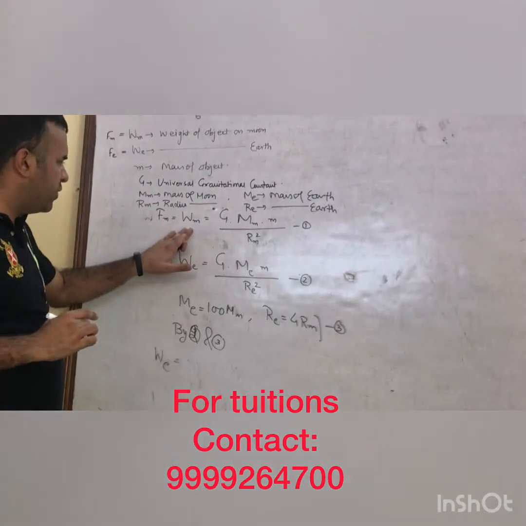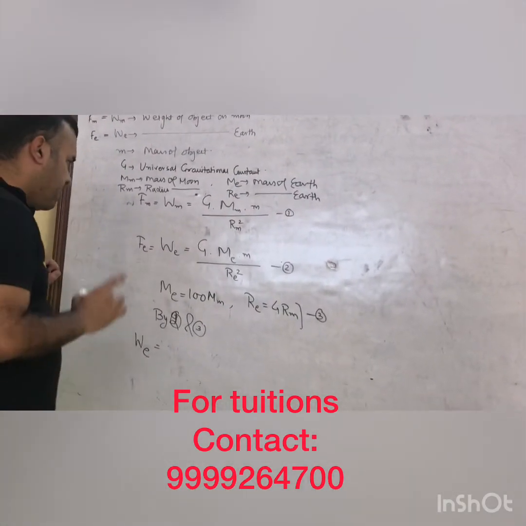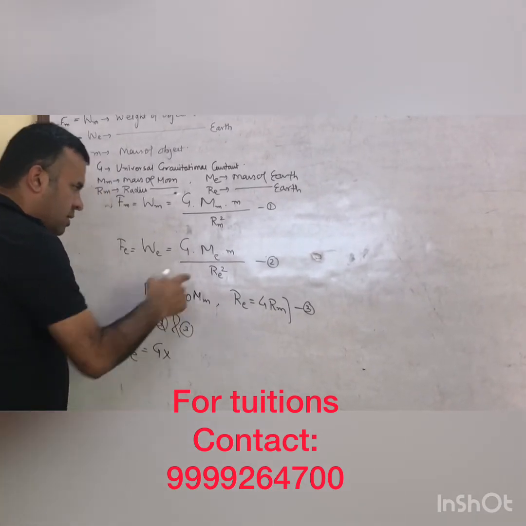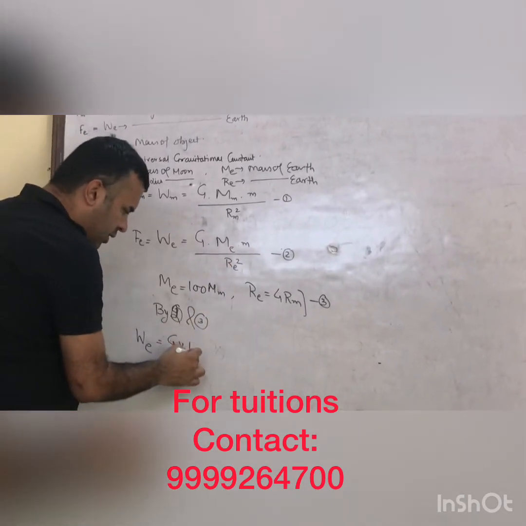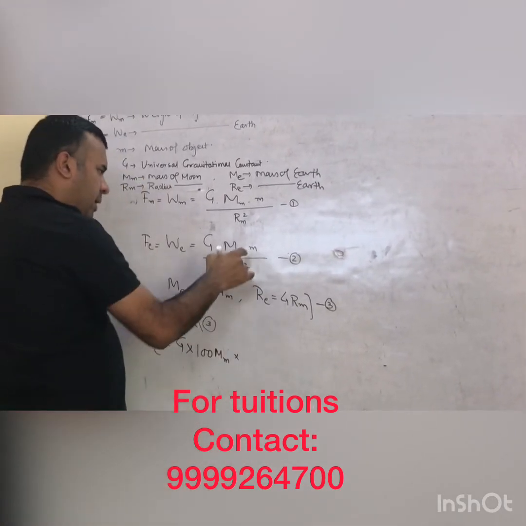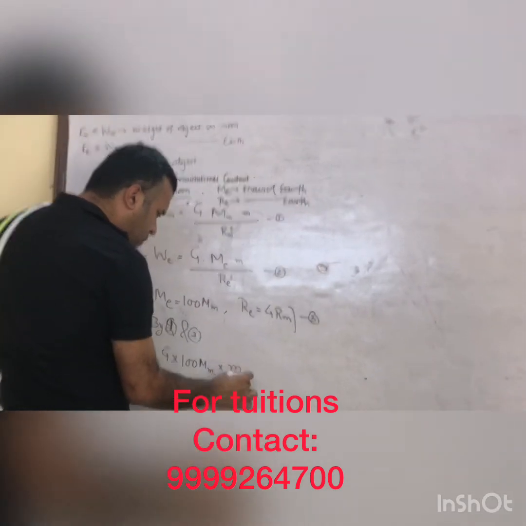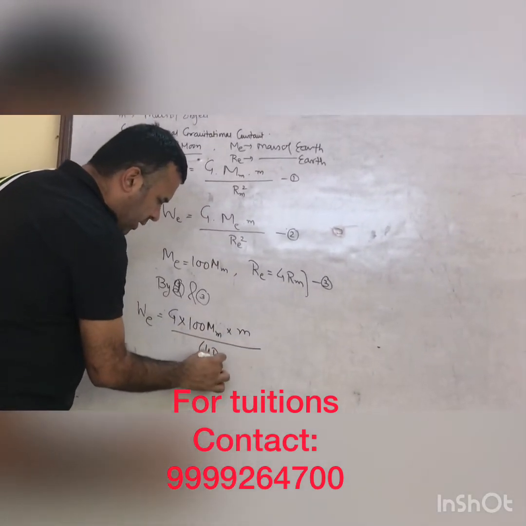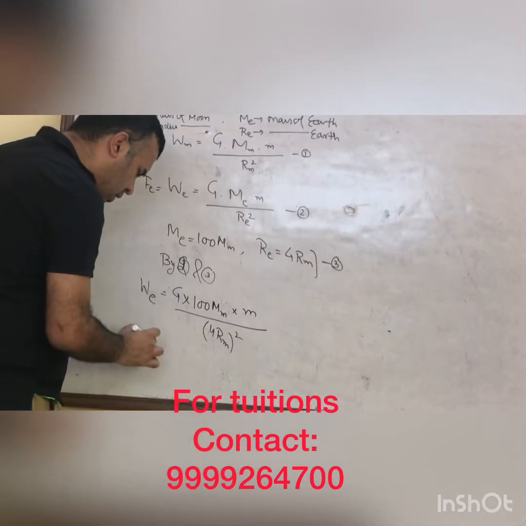They are replaced with Wm and We. Next thing, capital G would remain as it is. In place of mass of earth, you can write down 100 times mass of moon. In place of small m, write down small m as it is. In place of radius of earth, you can write down 4 times radius of moon whole square.